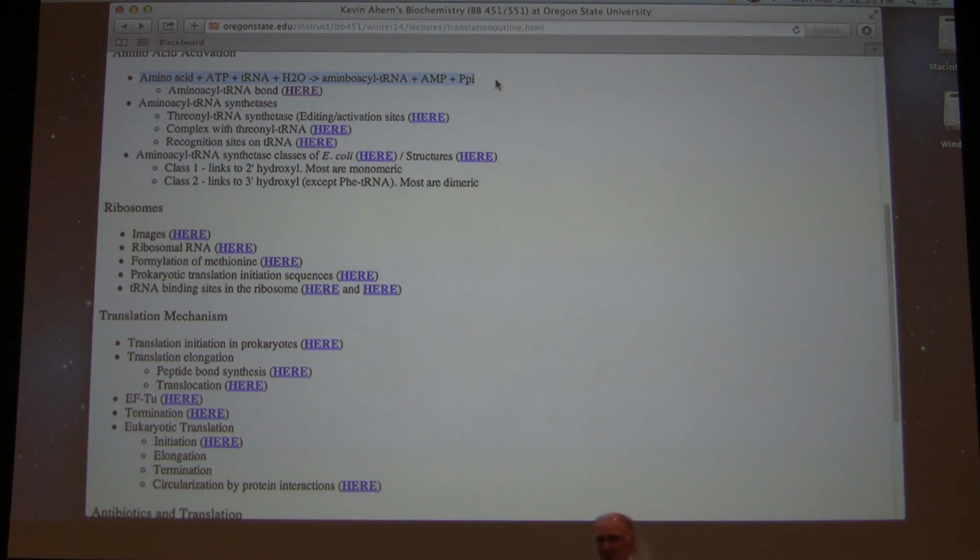Now, it turns out there's something kind of interesting and curious about this. This amino acyl tRNA synthetase is very unstable. It's floating around in an aqueous environment, and the bond that holds the amino acid to the tRNA has a half-life of about a second.